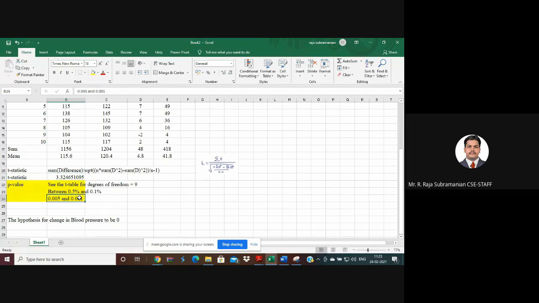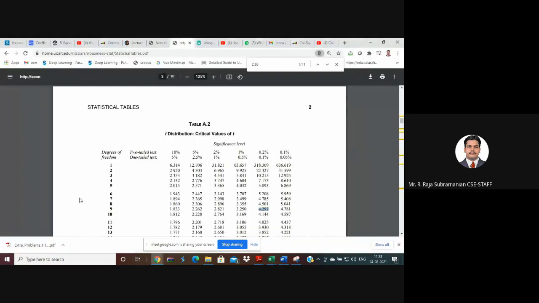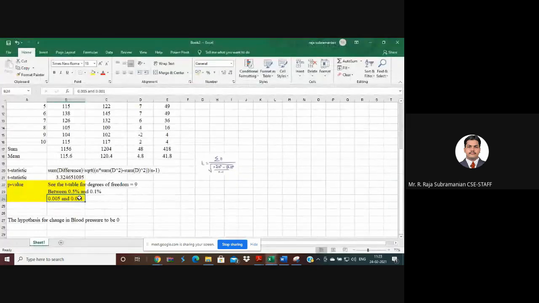Right? Now if it is going to be the case, then we should consider it in some different fashion. For example, if I was going to test that there is no change, now this is the probability that is very small, it is going to be 3.32. So the thing is, we can either accept the hypothesis or reject the hypothesis. I will check that if my p-value is at least greater than or equal to 0.005, I accept the hypothesis.